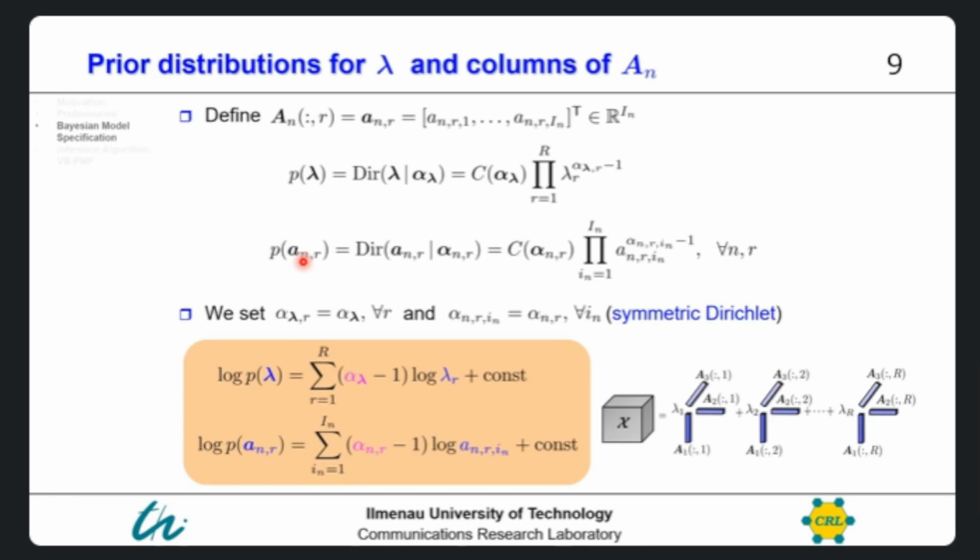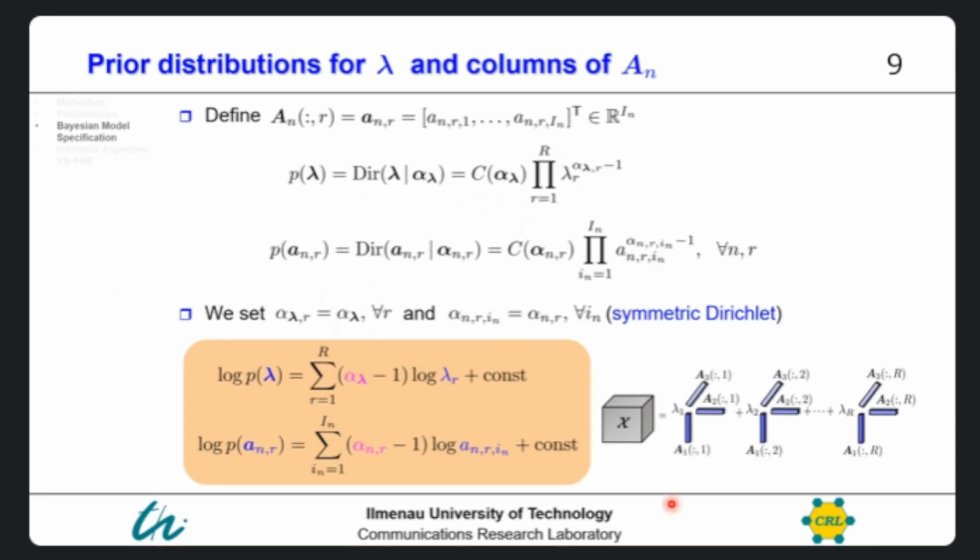And in our case, initially, we set all the alpha lambdas here to be the same, and also all the alpha_nr to be the same, because in advance we don't have any information about how they're distributed. So it's reasonable to just assume that they are all equal. And then these are just the logs of these 2 distributions.